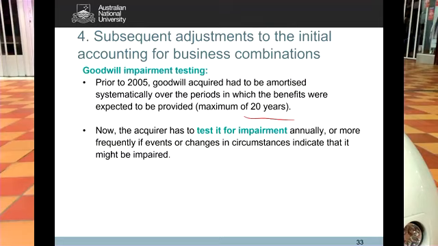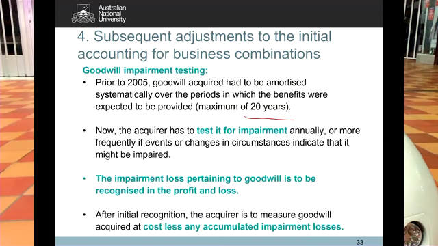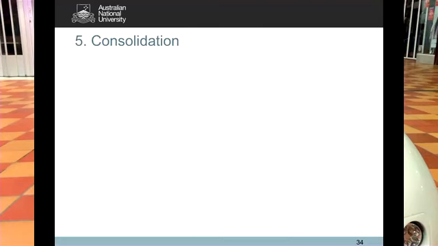The impairment loss should just be accumulated against the goodwill. So the net goodwill would be goodwill originally recognized less the accumulated impairment loss, until it's 0.